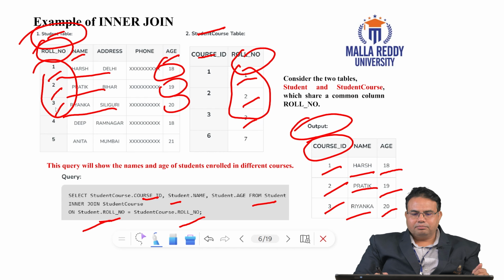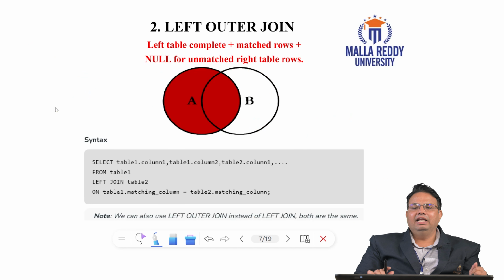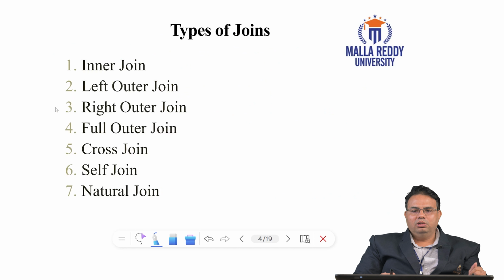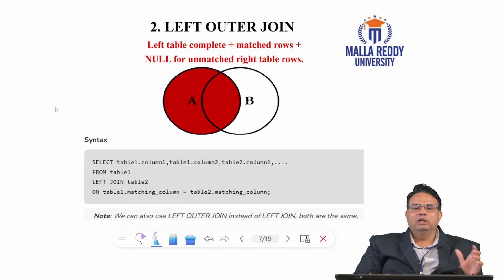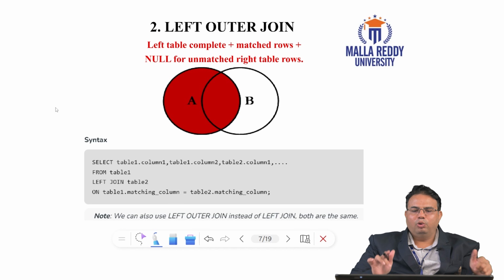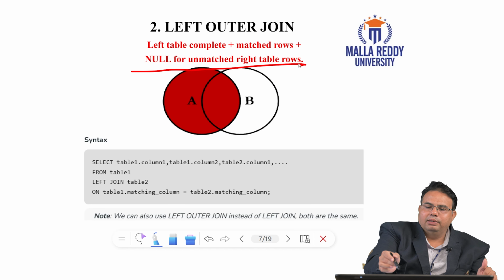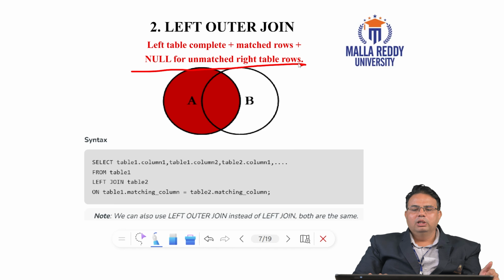Okay. Now, we'll move to the next one, that is left outer join. In the beginning, I told you inner join, left outer join, right outer join, full, cross, self, natural. So we are into the second one, left outer join. Here you need to concentrate more on the red mark that I have given.